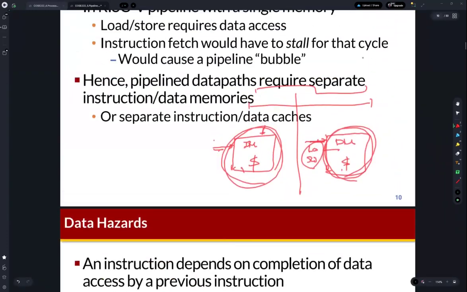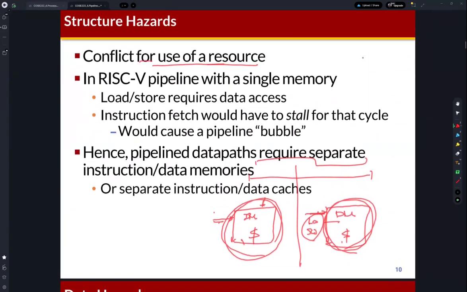So that's why in the CPU design in this course, we do not consider the structure hazard.